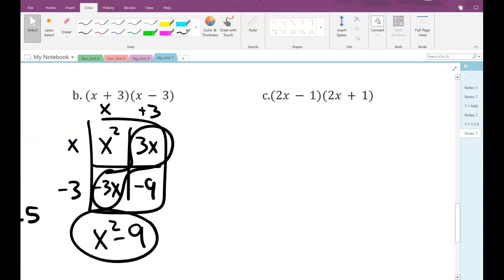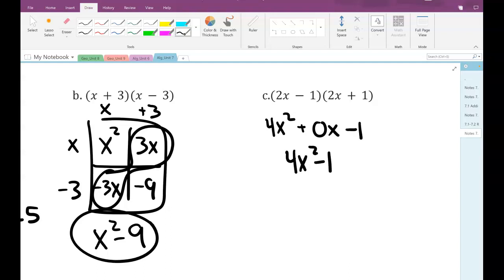So if I look at C, I can do C without even using the box because I know it's a minus and there's a plus, so I know my middle term is going to be 0x. On one side, my leading term, 2x times 2x, would be 4x squared. Negative 1 times 1 will be a negative 1. So my answer is 4x squared minus 1. I could do it without even using the box, knowing that my middle term will be 0.